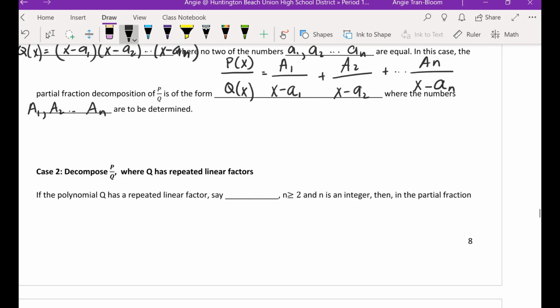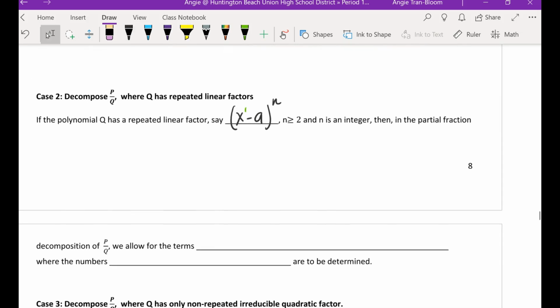What does repeating mean? This is x minus a. That's linear, the reason we call it linear is because this is a degree of 1. So that's a linear, and then it repeats. That means it's like to the second power, to the third power. So where this power n has to be 2 or more, and n is an integer, then in the partial fraction, here we go.